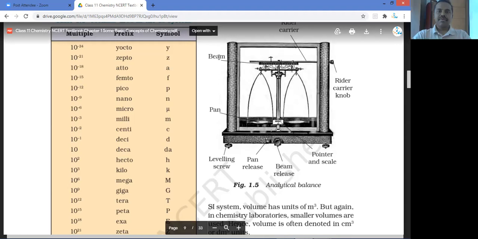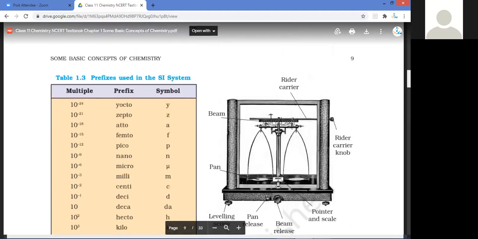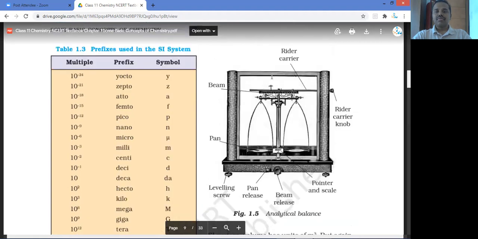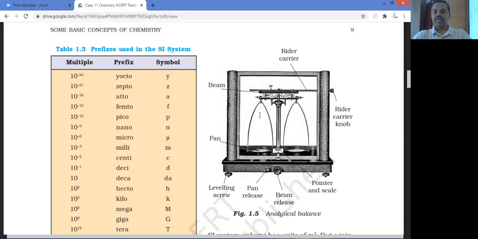There's a beam here, this horizontal rod. The rider carrier is to adjust this whole structure within the frame to the left or to the right.